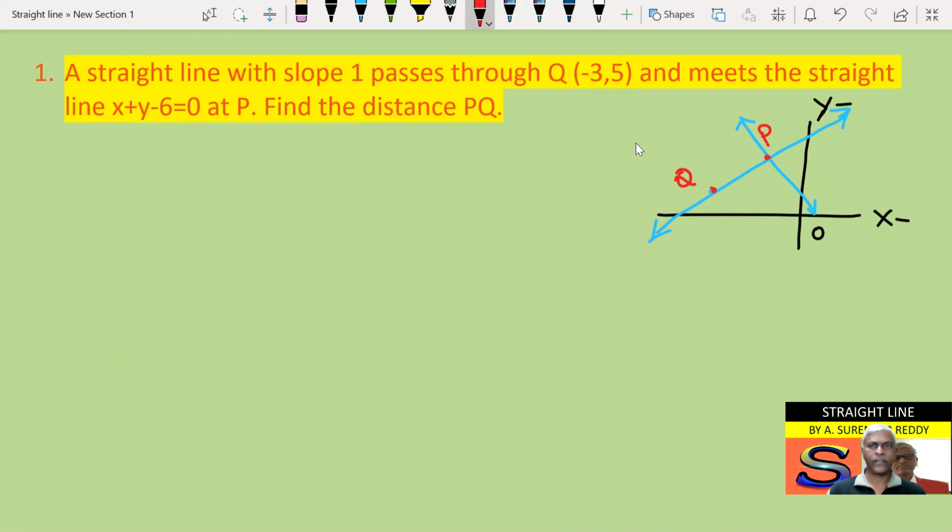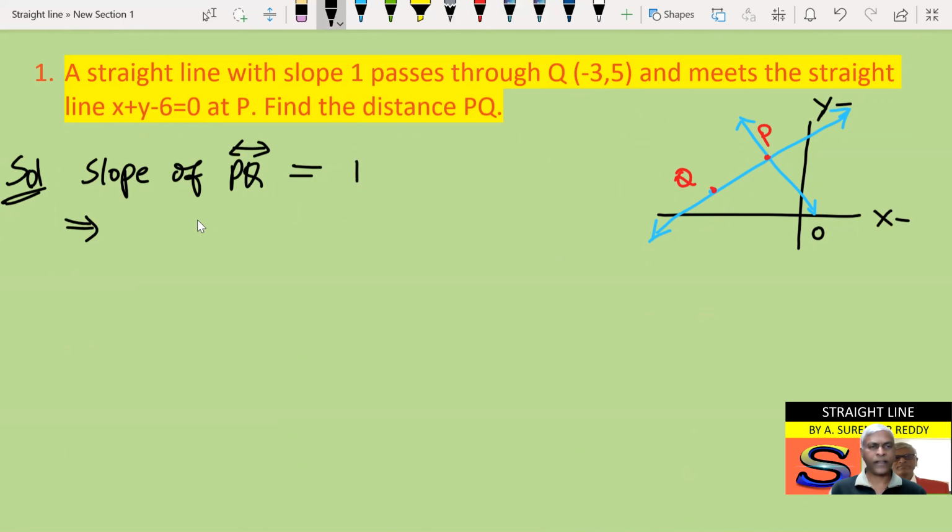So what is given? The line is passing through a point Q, and the slope of this line is given as 1. Slope is given for the line PQ. So the slope of line PQ is 1. Slope is nothing but tan theta. Tan theta is equal to 1.